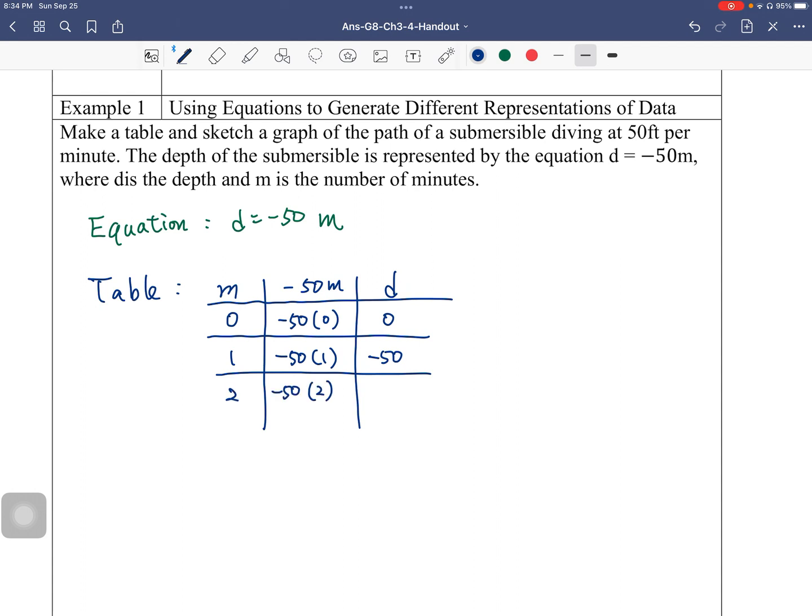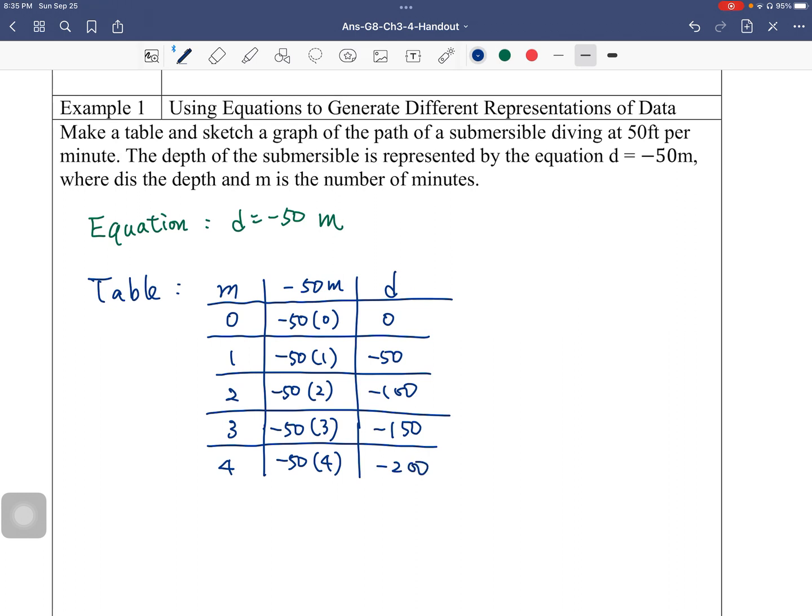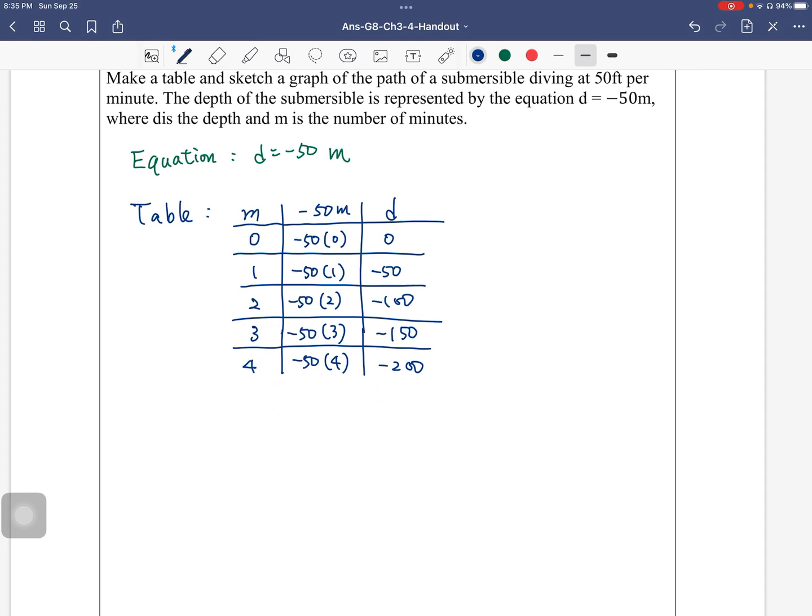Negative 50 times 2 is negative 100. 3. Negative 50 times 3 is negative 150. 4. Negative 50 times 4 is negative 200. So this is a table that identifies the values that make the function true.